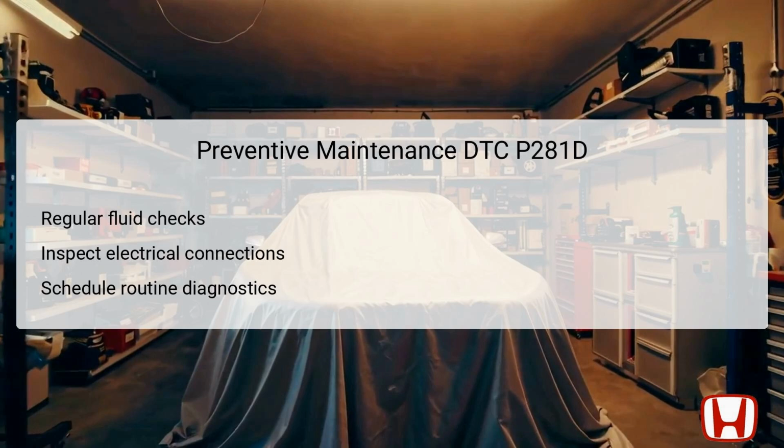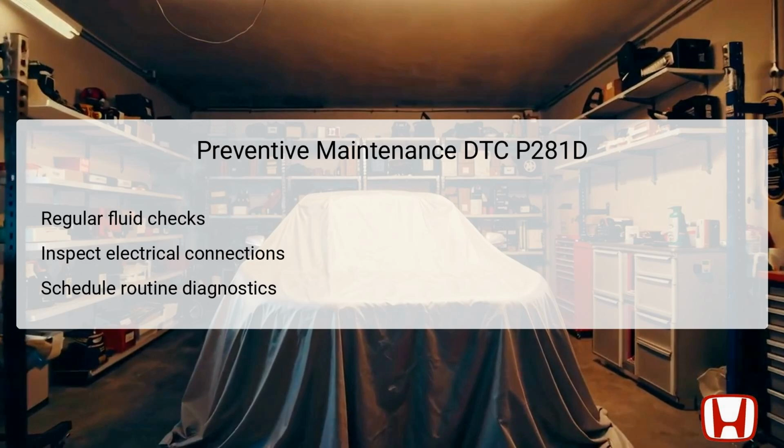Preventive maintenance is crucial for avoiding future occurrences of the DTC P281D in Honda Civics. Regularly check the condition and level of transmission fluid, as low or contaminated fluid can adversely affect the operation of the shift solenoid valve OP. Additionally, routinely inspect the electrical connections to the solenoid valve and TCM for any signs of wear, corrosion, or loose connections, as these issues can lead to communication breakdowns within the transmission system.